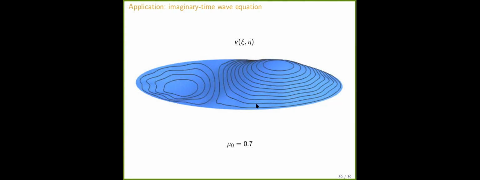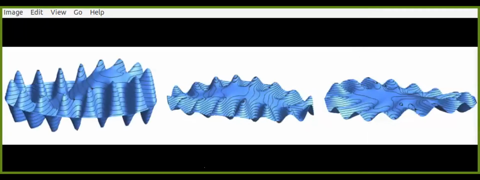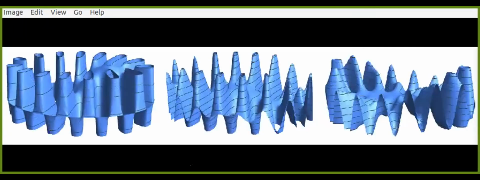So you can't see them in this graph. However, if I can find the picture, one moment. Well, I got it in the middle of the time evolution. So in a moment, it will go back to the beginning.